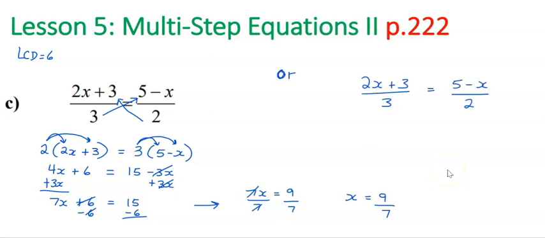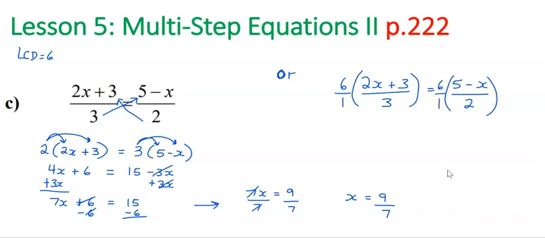It's no problem to do clearing fractions the traditional way, even in a proportion question like this. We determined the LCD was 6. You could multiply everything by 6 over 1 and everything here by 6 over 1.